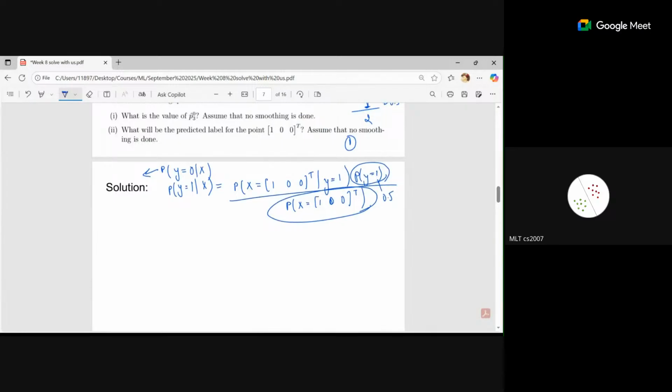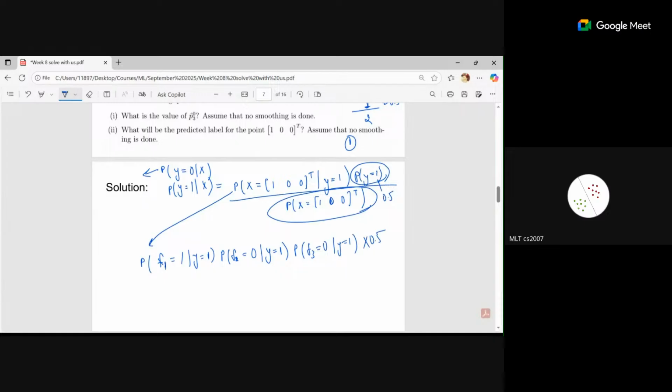So now, it is going to be probability that f1 is equal to 0 given y is equal to 1, times probability that f2 is equal to 0 given y is equal to 1, times probability f3 is equal to 0 given y is equal to 1, times 0.5.